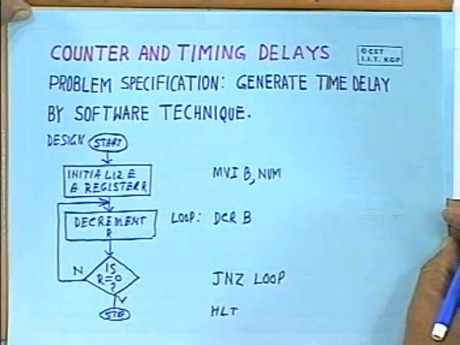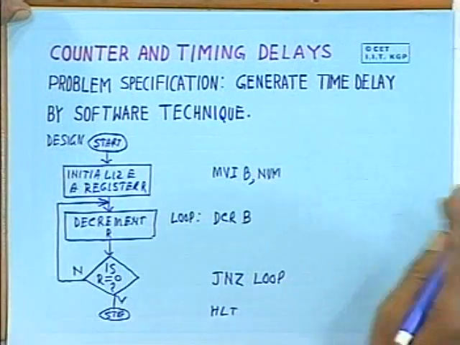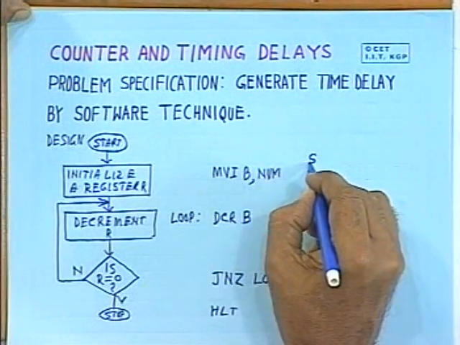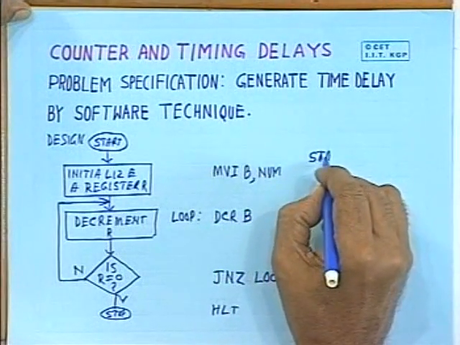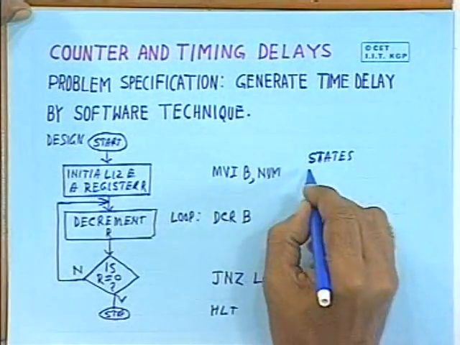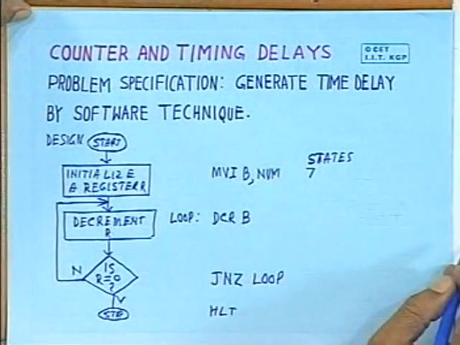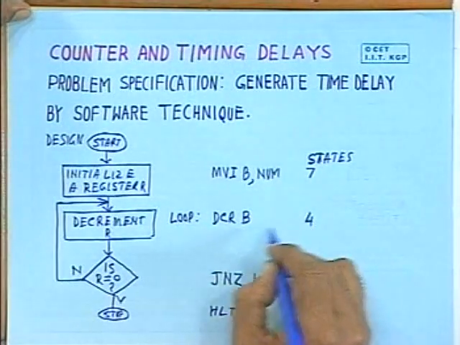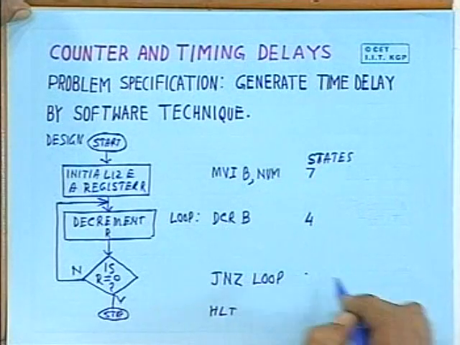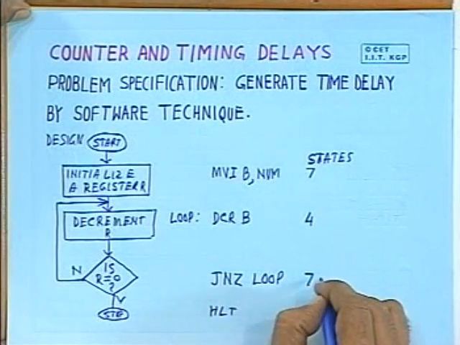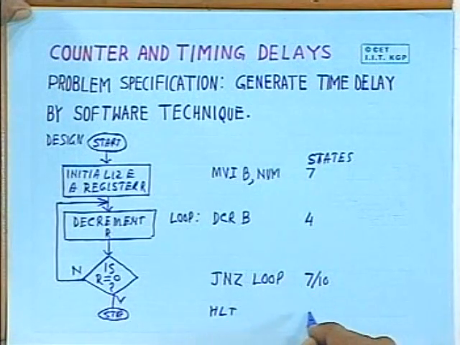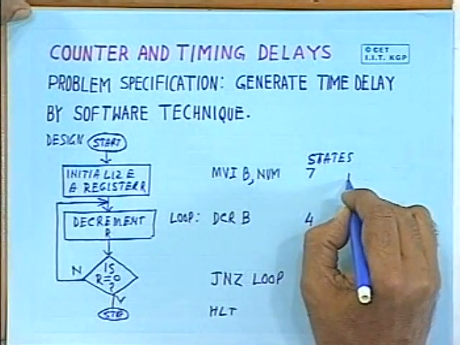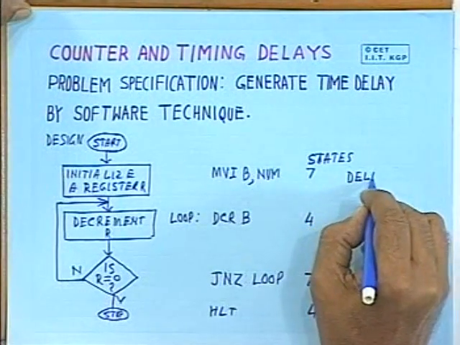You may be asking how much delay will be generated. For that purpose, you have to count the number of states. For example, this one will require 7 states to execute, this will require 4 states, this will require 7 or 10 depending on whether the condition is satisfied or not, and this will require 4 states. So what is the delay time generated by this?